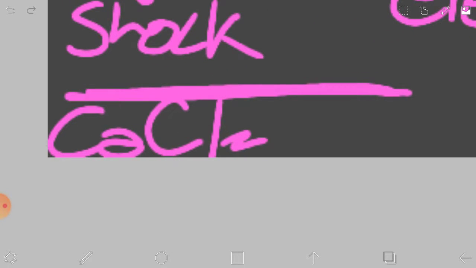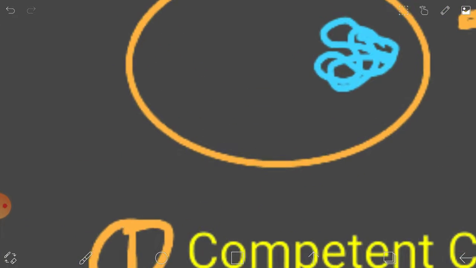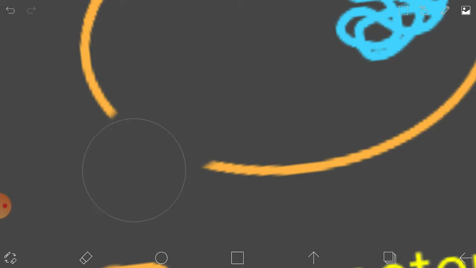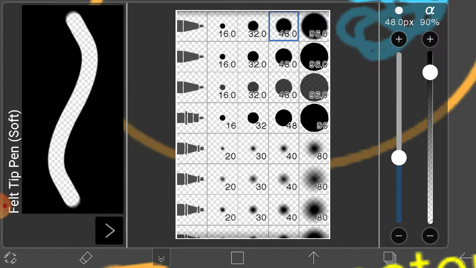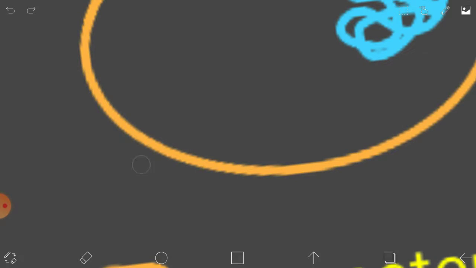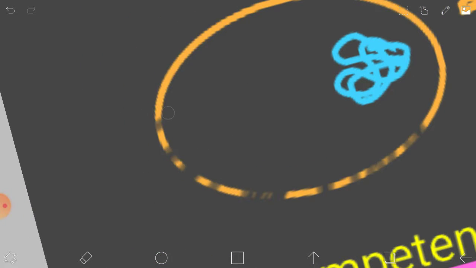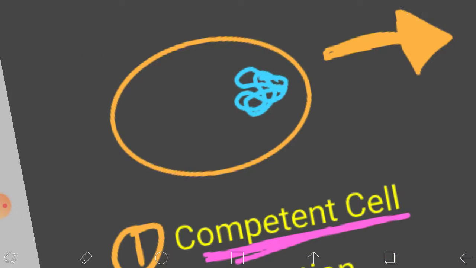Now you incubate in calcium chloride to make the cell membrane more permeable. That's the main point of competent cell propagation, to have the cell membrane more permeable for access, so that the plasmids have a way of getting in.